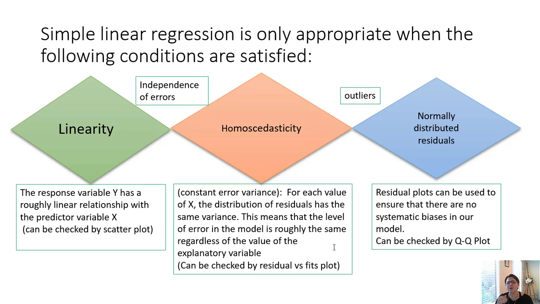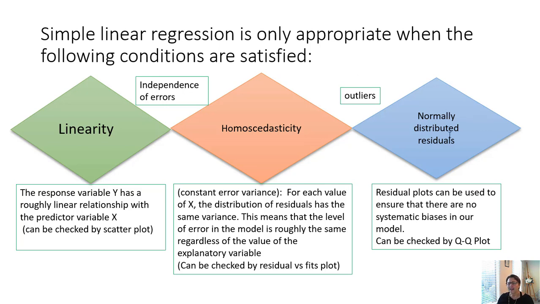So there are a few plots that you have to go through in order to check the assumptions for linear regression. Now we have to check for outliers, because outliers have a very influential effect on your line of regression. One outlier can make a huge difference in the line of best fit.